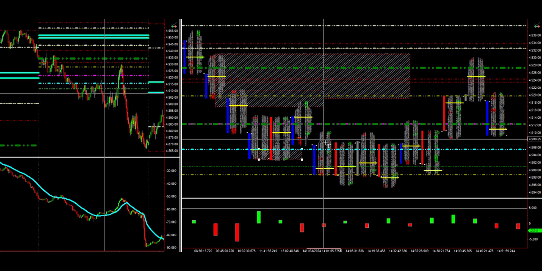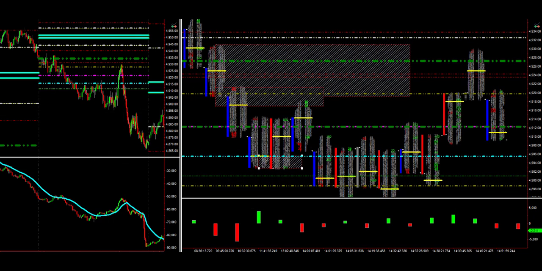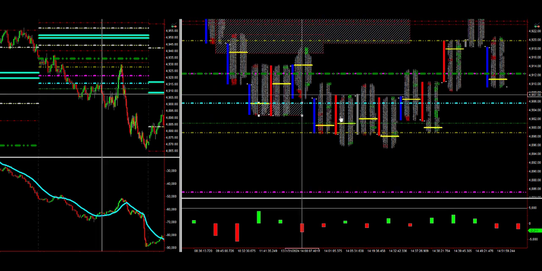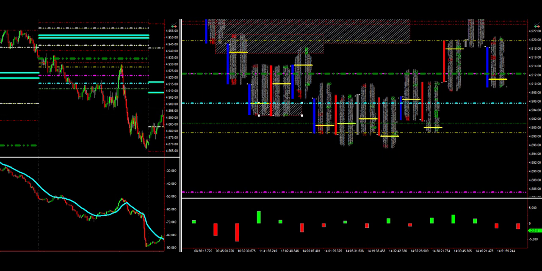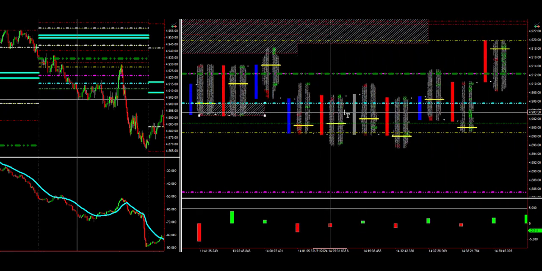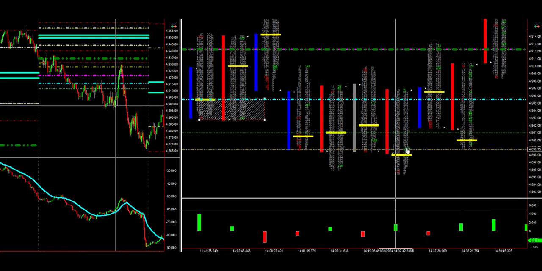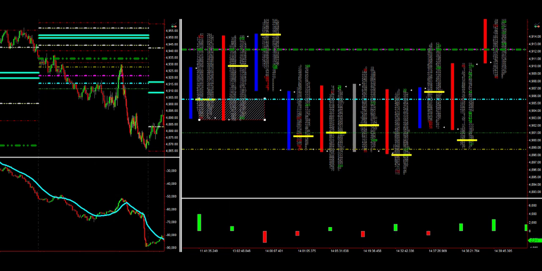Why? And then also look at this T. After this T happened, look closely inside the bar at what has happened. Right here, 2000 contracts, right on the top. So this is a very strong level. The T, value area, yellow.